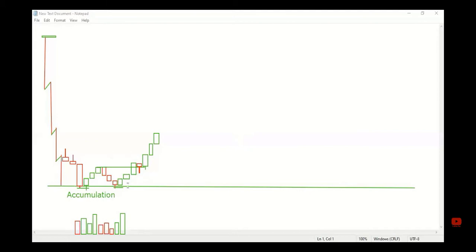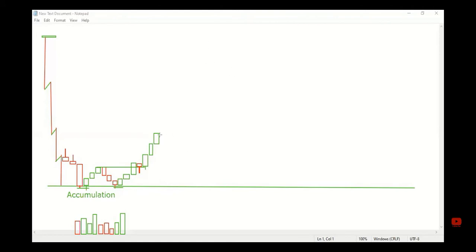So when the market changes direction after creating this type of chart pattern and goes in the upward direction, sometimes we see the market, after going in the upward direction a little bit, like 4 or 5 candlesticks in a row, after that we get this type of ranging situation.